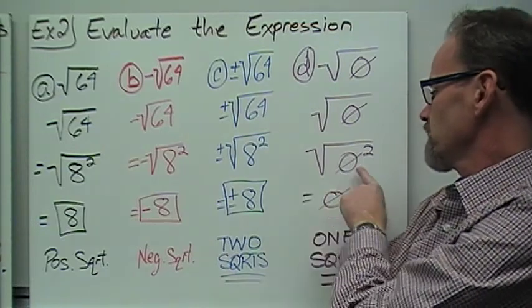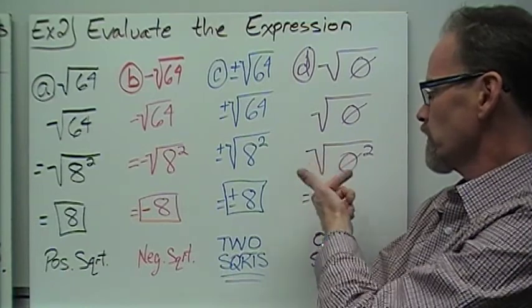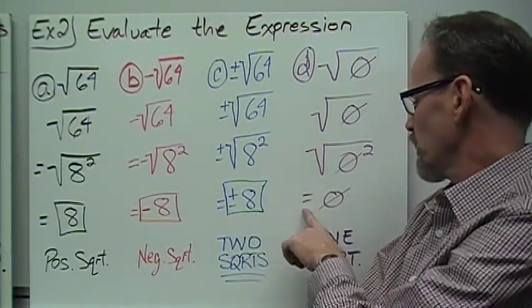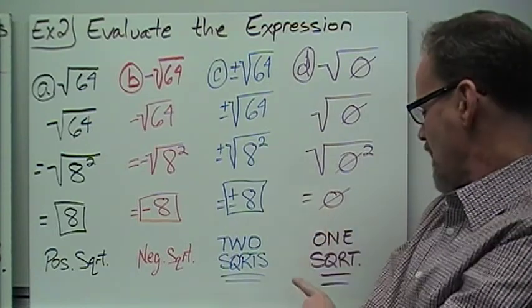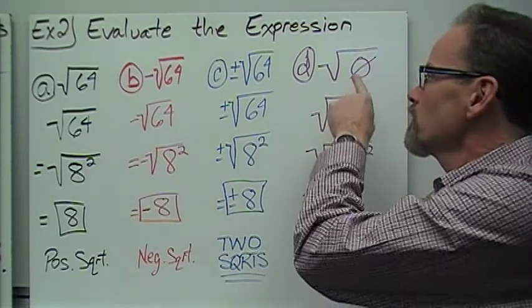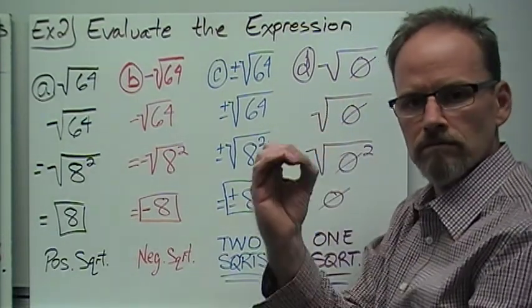I could put 0 squared, and that allows me to bring it out from underneath the square root sign. But the answer is 0. And that is just 1 square root. So the answer to what is the square root of 0 is 1 square root called 0.